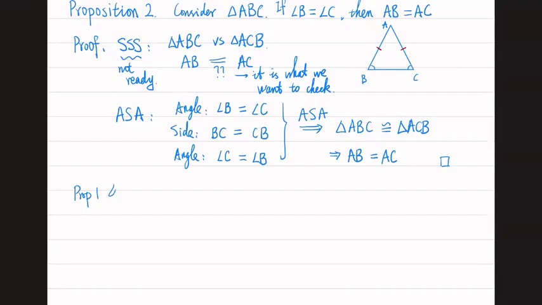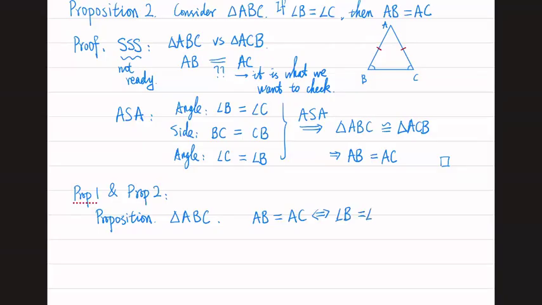Proposition 1 combined with proposition 2, we have the following. Given a triangle ABC, equal sides is the same as equal angles. Okay, so that means equivalent.